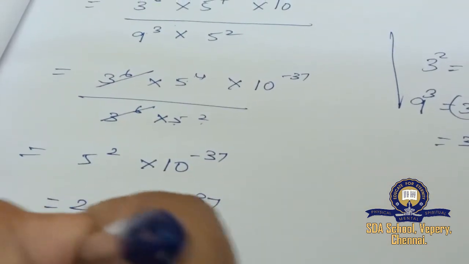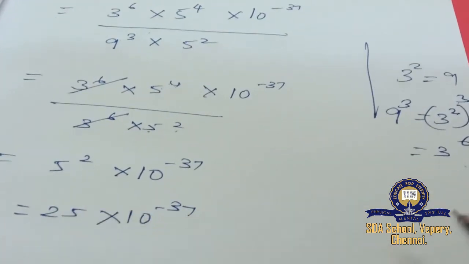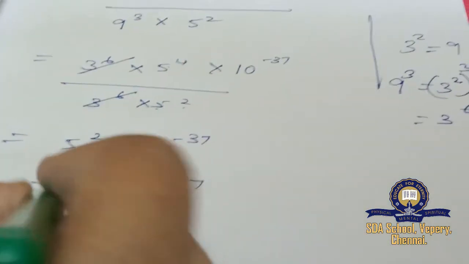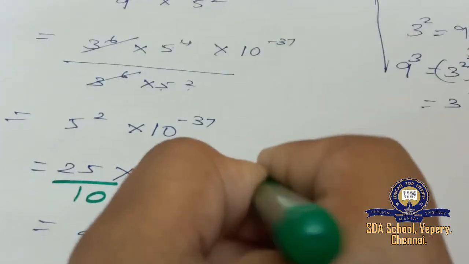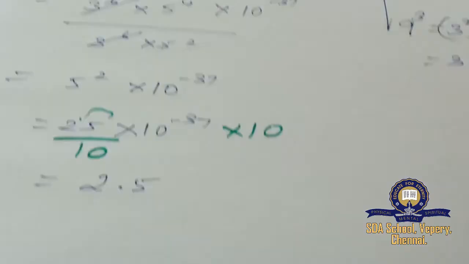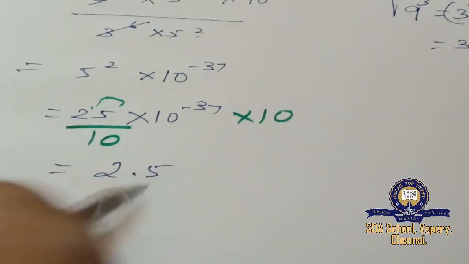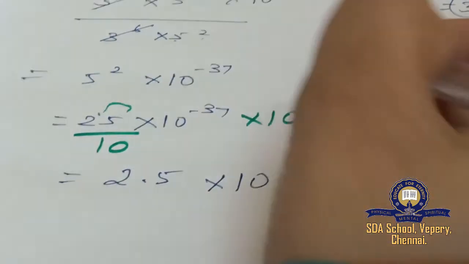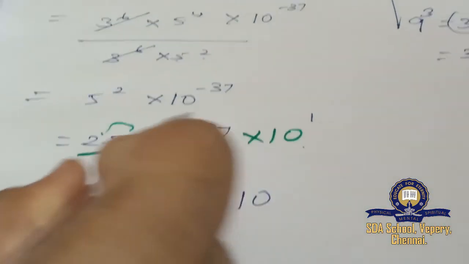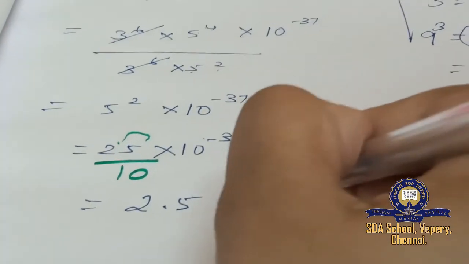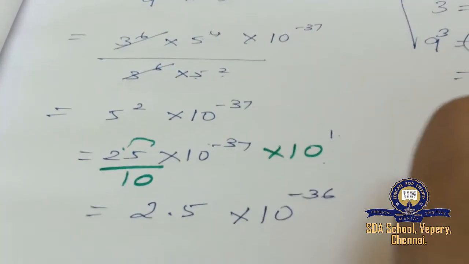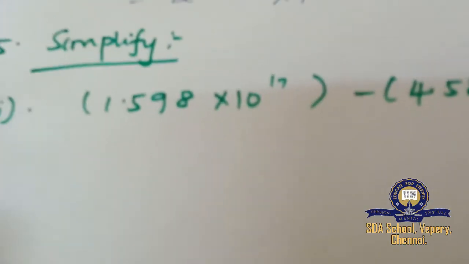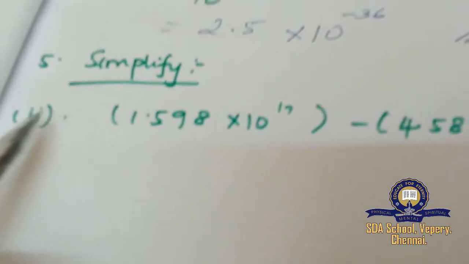I will get 2.5 only if I divide and multiply by 10. Dividing by 10, I get 2.5 into 10 power 1 times 10 power minus 37. The bases are the same, so minus 37 plus 1 will give me minus 36. Got it, students?